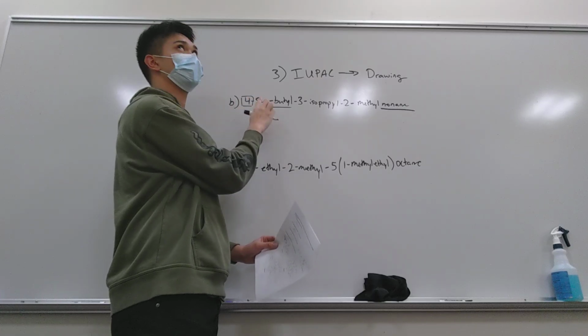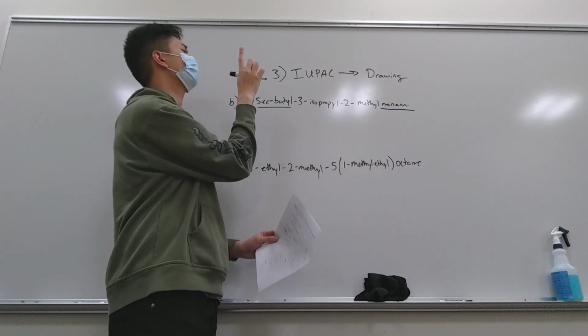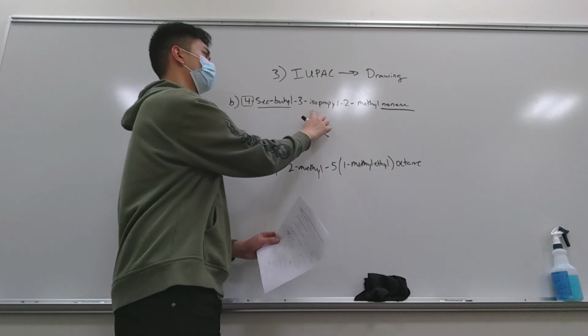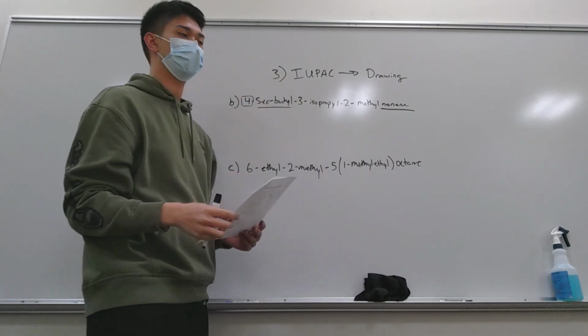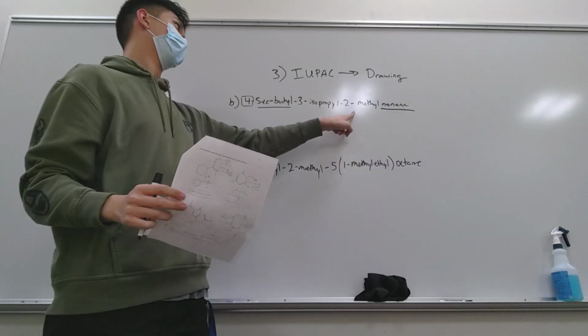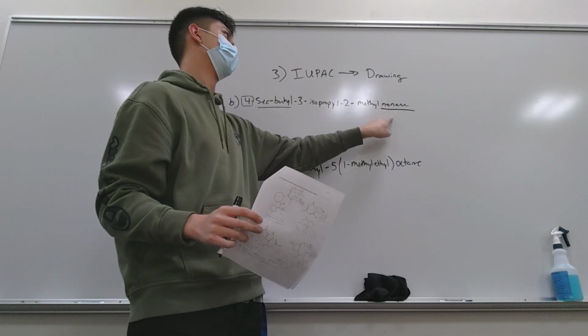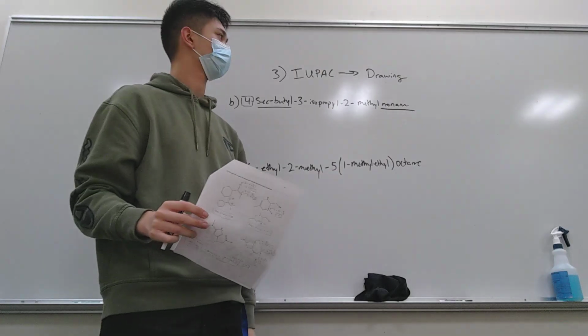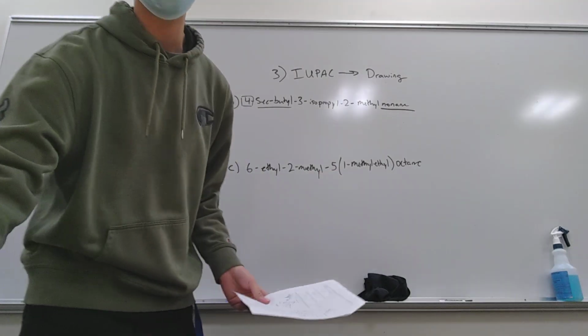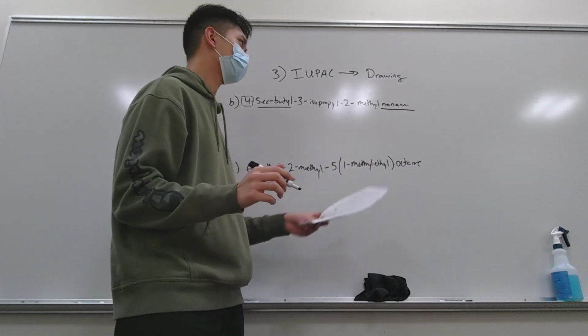There's a sec butyl at carbon 4, an isopropyl at carbon 3, a methyl at carbon 2, and we know that this carbon chain has 9. The longest carbon chain is 9.